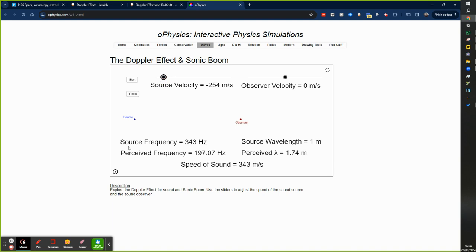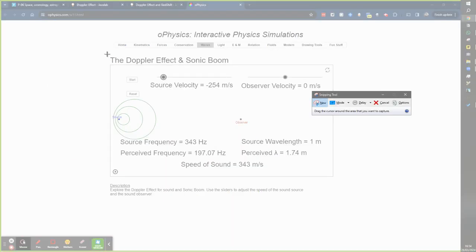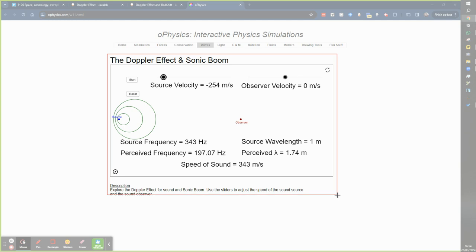You'll only see it for a short time because it's quite near the left-hand part of the screen. But there you go. So you can see how they're quite stretched out on the right and squashed up on the left. So if this is a sound wave, we'd experience a low pitch. So let me just take a snapshot of that one, and you'll have that one as well now.